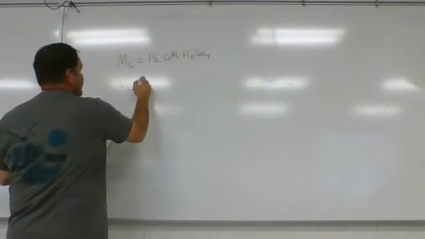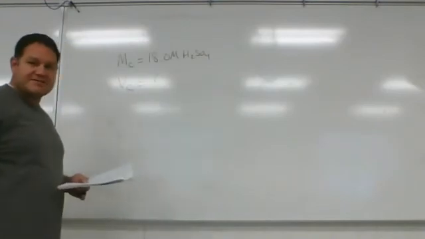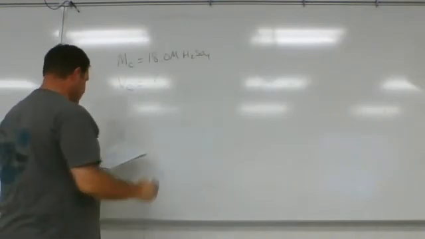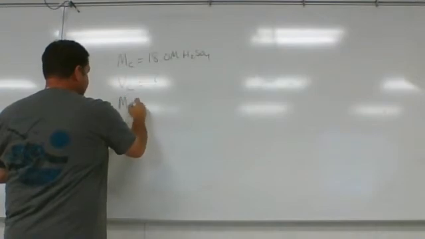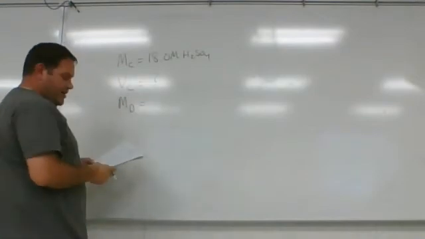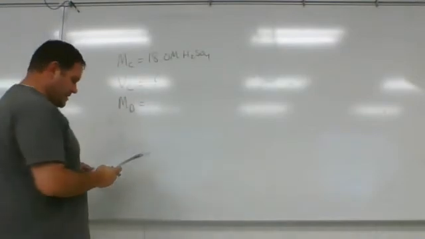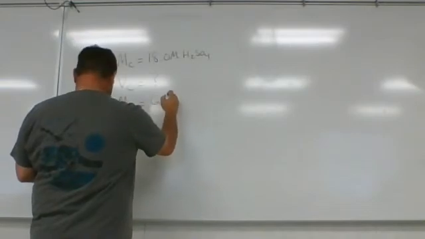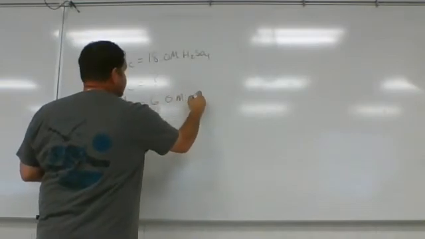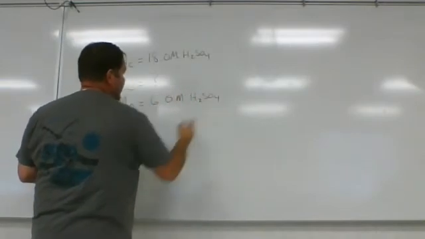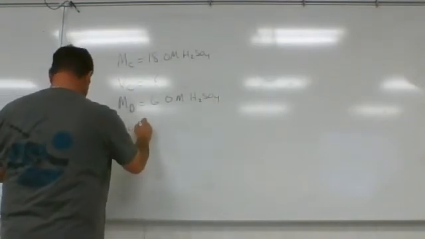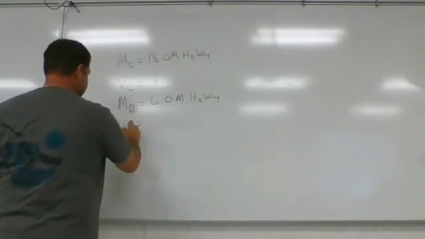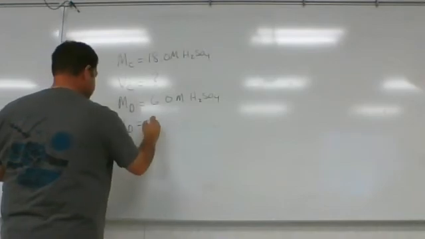The volume of the concentrate, again, we don't know. That's what we're going to solve for, right? The molarity of the dilute is our desired molarity. We want a 6.0 molar H2SO4, okay? Sulfuric acid.